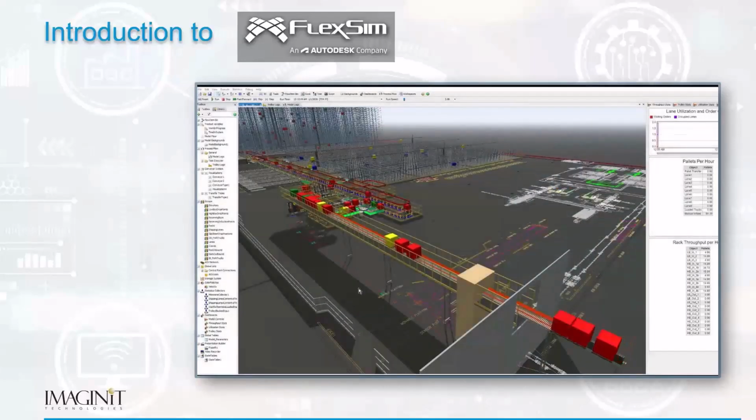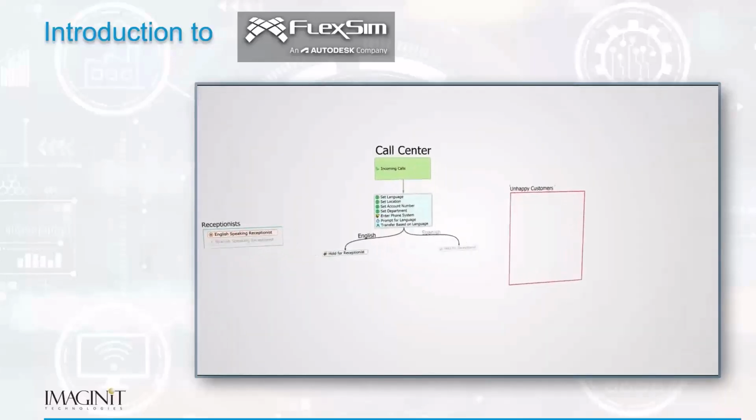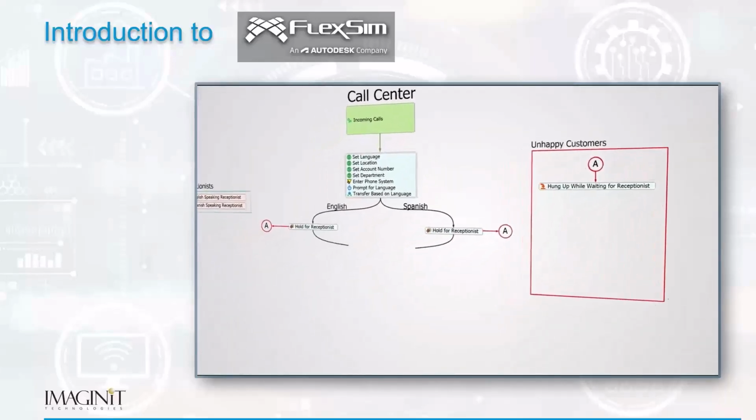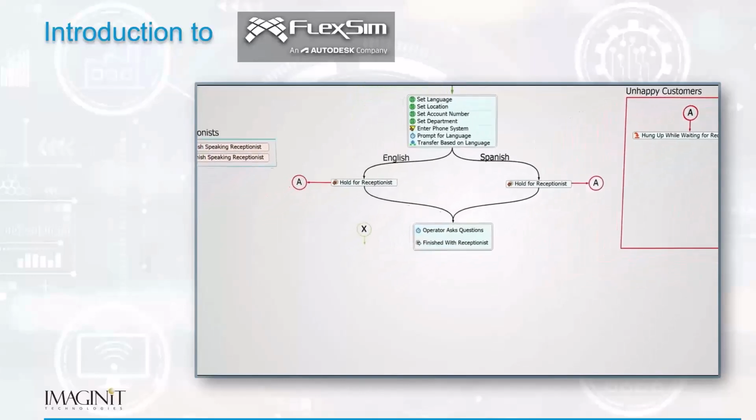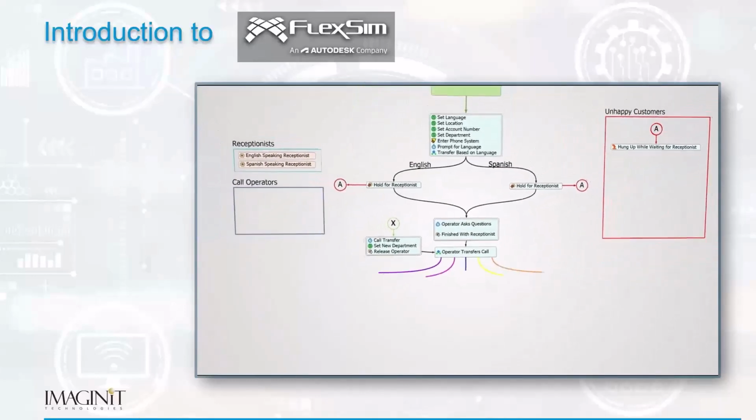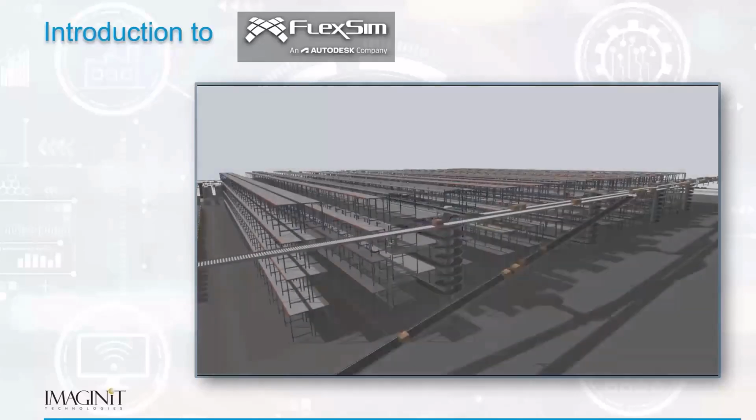FlexSim is a 3D simulation environment, so you can start with an AutoCAD file of the facility and drag out the resources for a true-to-scale model layout. The software also features a script-free logic building environment called Process Flow to help you describe even the most complex processes.